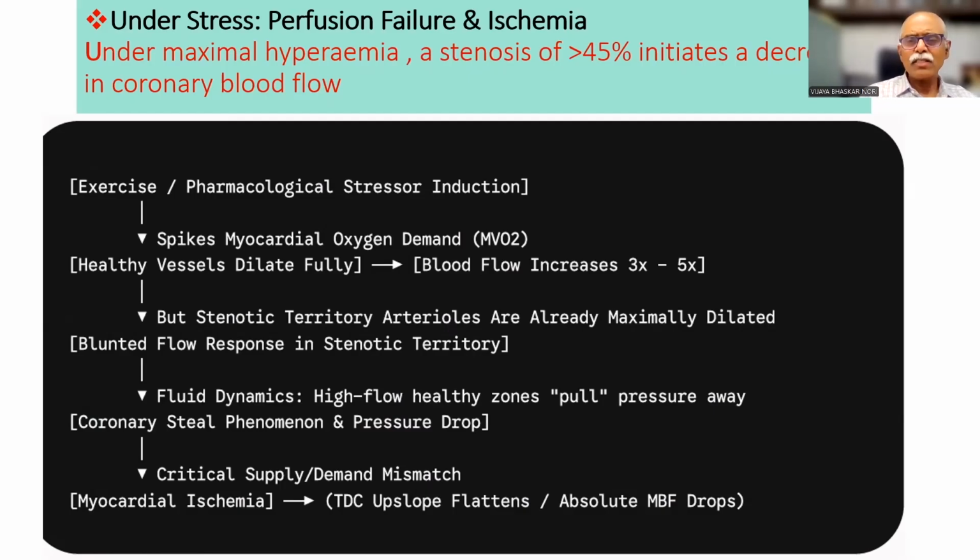And that ischemia is what we are going to pick up in any of these modalities, like quantitative perfusion parameters, like you do CMR or you do PET or you do SPECT or you do CT myocardial perfusion.